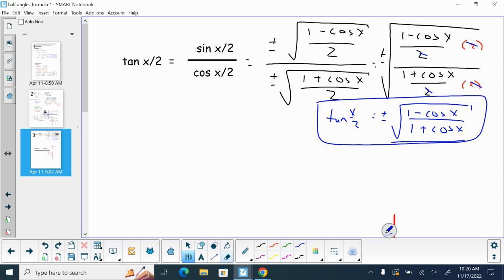But there are ways to make this look a little nicer too. There are 2 other alternate forms for the tangent of a half angle.